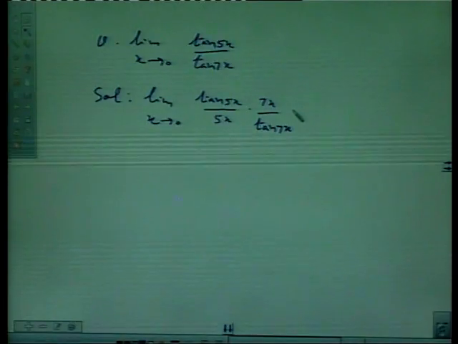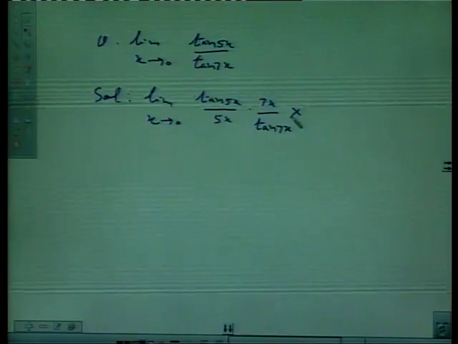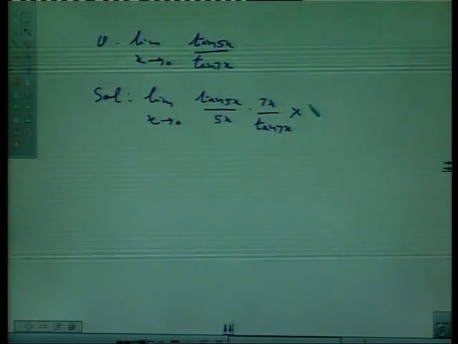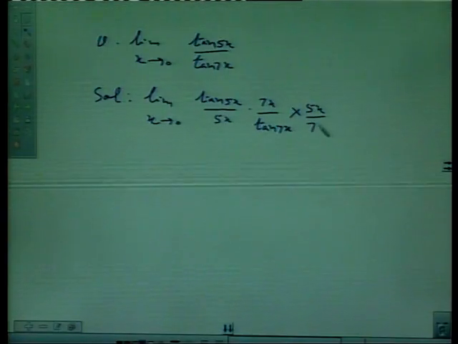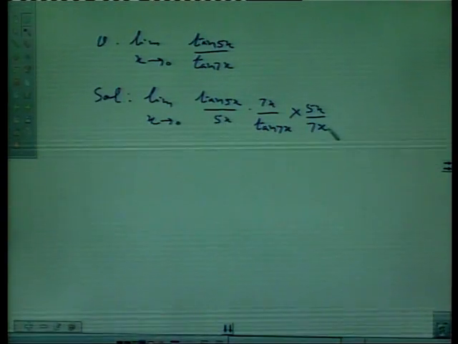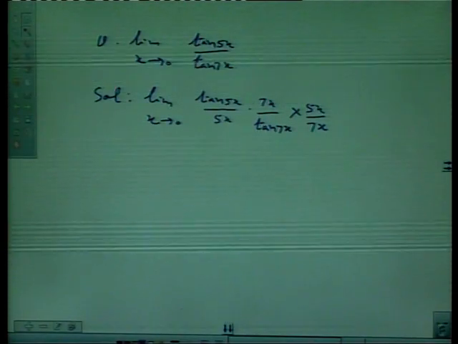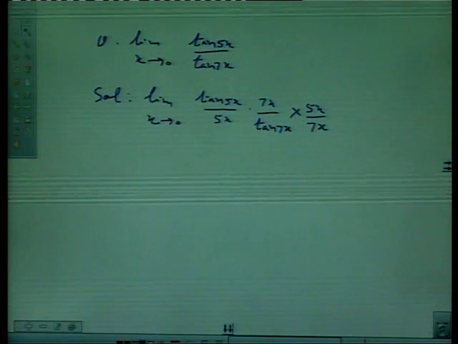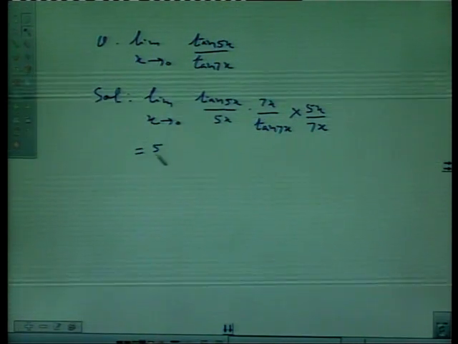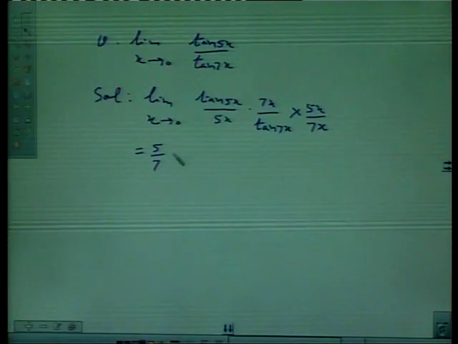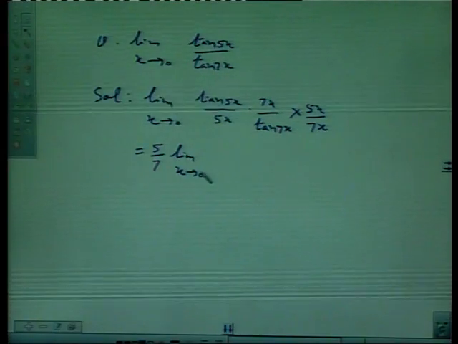So here we have multiplied by 5x and divided by 5x, multiplied by 7x and divided by 7x. So here x is cancelling with x. So, 5 upon 7 can be taken outside and the other limit will change to two limits.